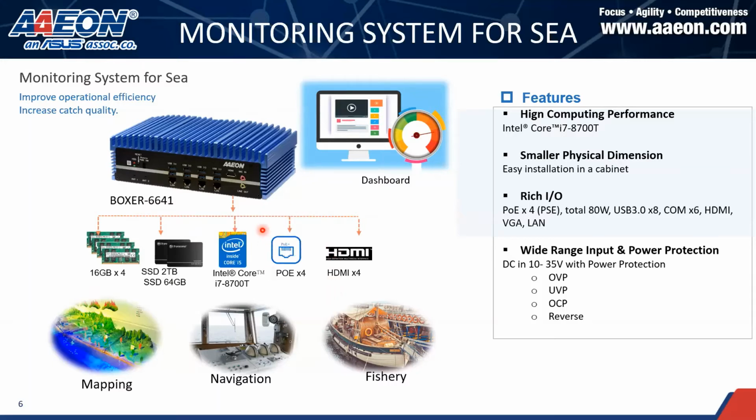We just made some customizations with the PoE port to fulfill the customer request. On the other hand, the customer also asked us for power protection. So the 6641 actually comes with overpower protection or undervolt protection, this kind of feature.